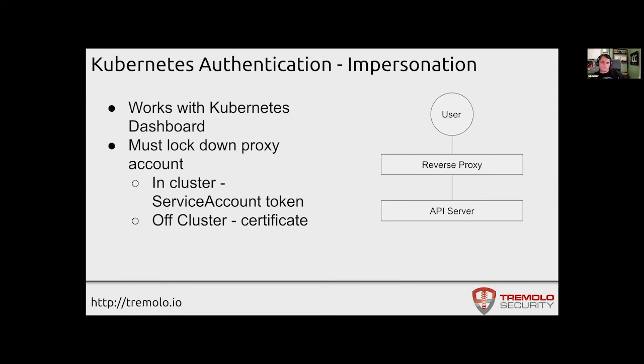I'm not a huge fan of certificates for users, but when done correctly with devices, they're very, very powerful. And this is one of those instances where you could properly generate a signed certificate that never leaves your reverse proxy. And that'll be a better approach than trying to take a service account off of your cluster.